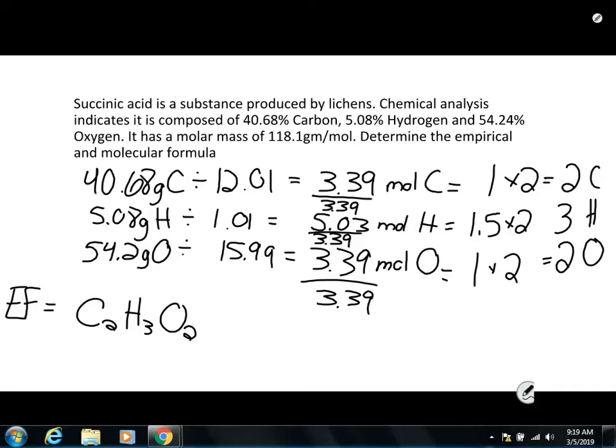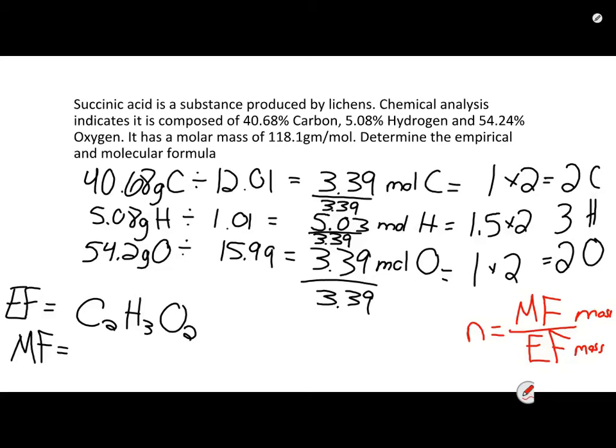So, last step. Guys, please, pull it back. Last step. We have our EF. I need to find my molecular formula. In order to do that, what do I have to find? I need to find N, right? N equals my MF mass divided by my EF mass.